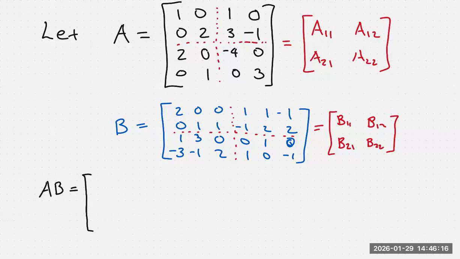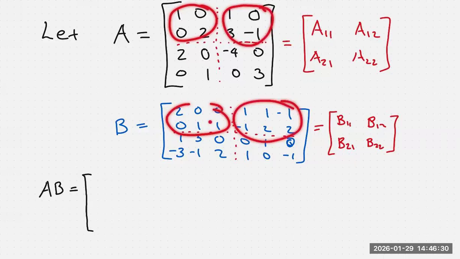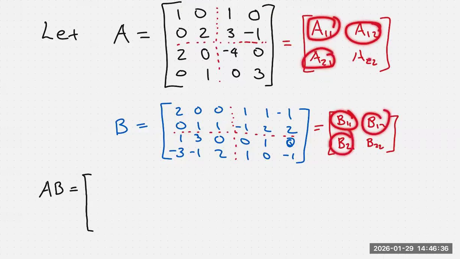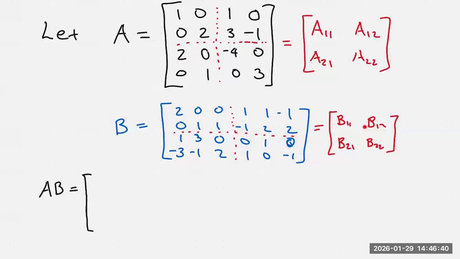All right. Because what I've seen students mistakenly do is that they say, oh, is this times this? That's A11 times B11. And they go to this times this one over here. No, you have to be careful. Because they will multiply this by this, and then this one by this one, and then this one by this one, and they get stuck because they get the wrong answer. So, watch me now.